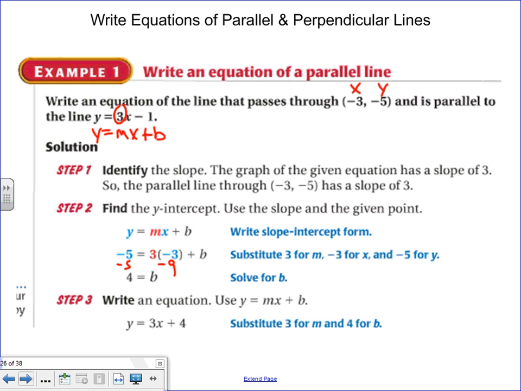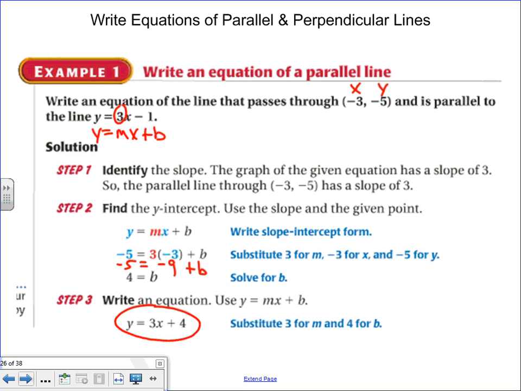So they had -5 equals -9 plus b. What they did was add the 9. -5 plus 9 gives you the 4, and that's your b. That's a lot of the same thing we've done already. So now they know your m is 3, and you know your b is 4. You substitute those into your equation, and you end up with y equals 3x plus 4.